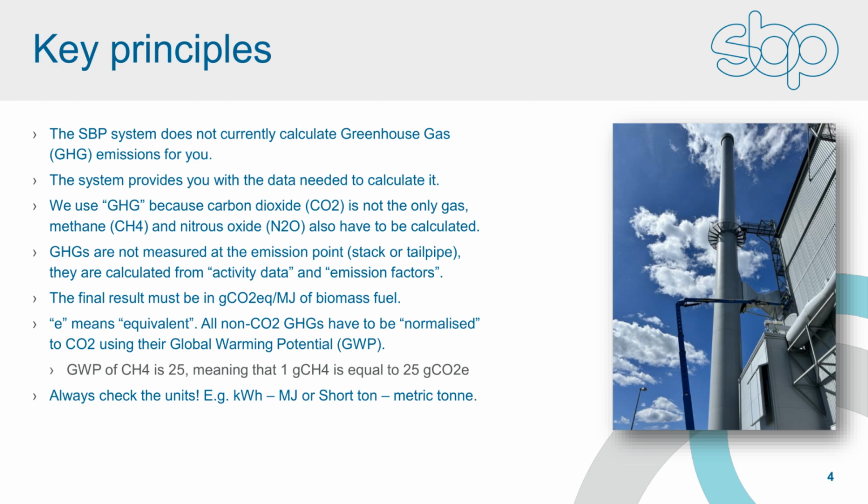The final result is always expressed as grams of CO2 equivalent per megajoule of biomass fuel. The little e means equivalent. Methane and nitrous oxide are converted into CO2 equivalent terms using their global warming potential. The Renewable Energy Directive specifies the GWP values to use, and we'll come back to those later.